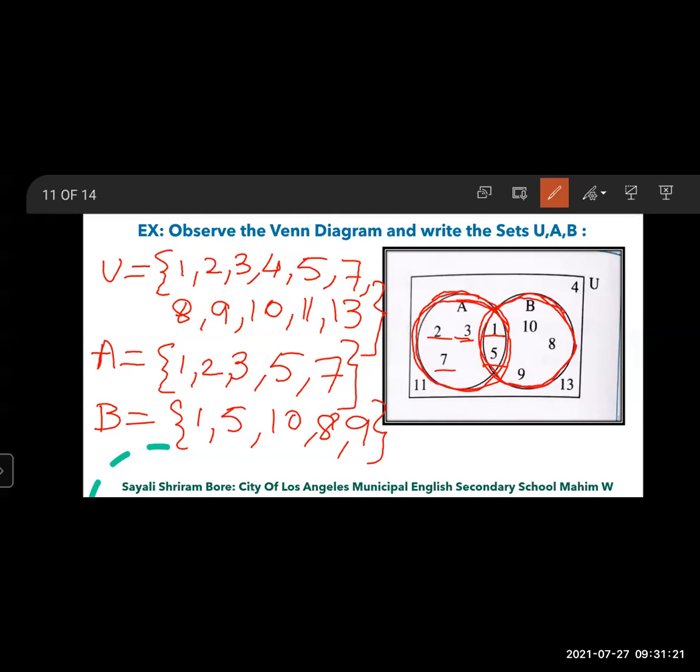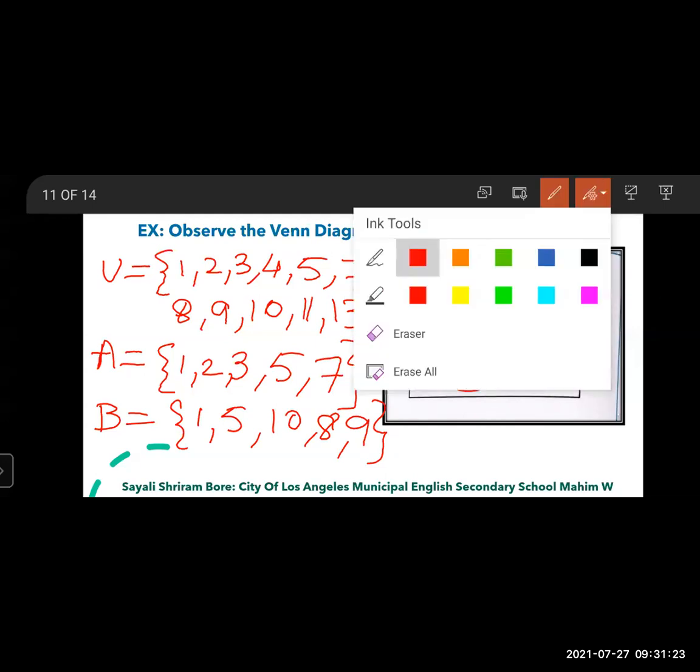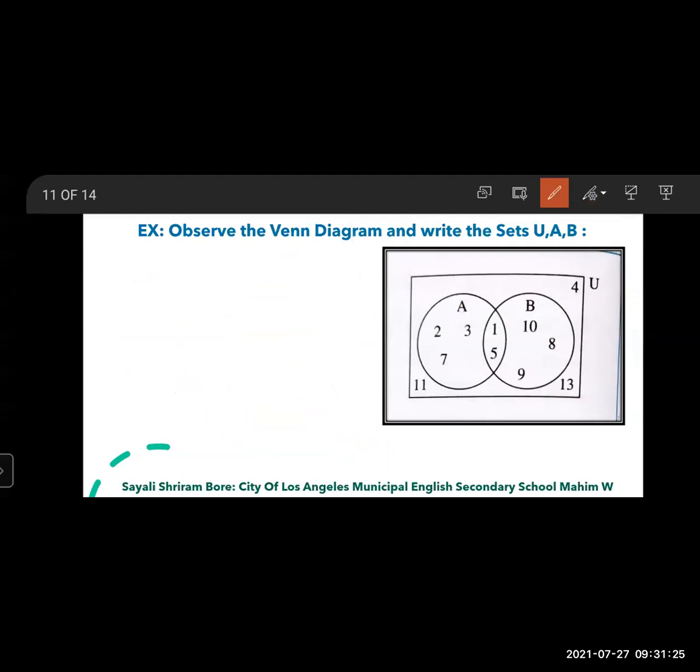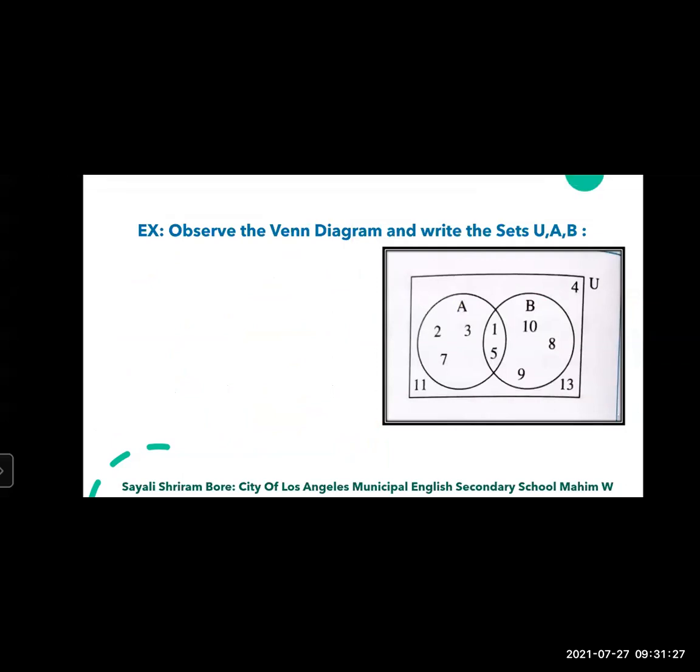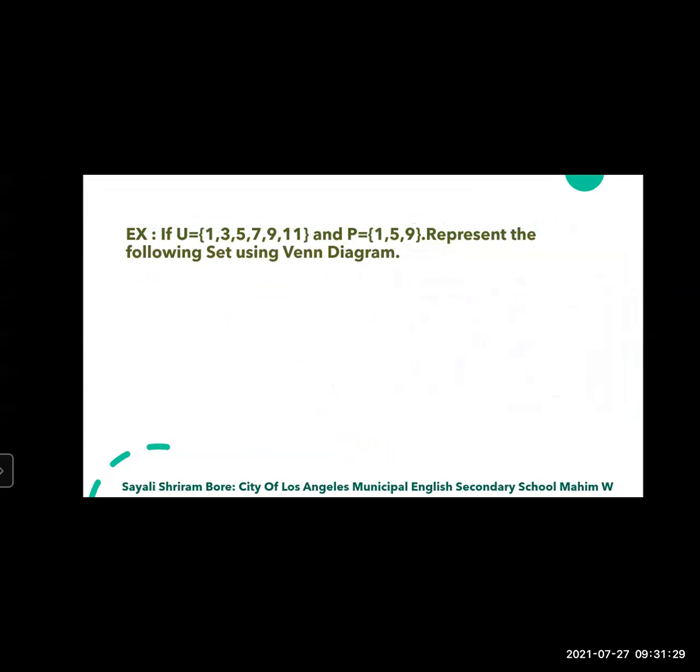So whenever the diagram is given, with the help of that diagram you can write the set. But one thing you must have noticed, students, is that for drawing the Venn diagram, the listing method is very, very important. If you know how to convert the rule method into the listing method, you can draw the Venn diagram.